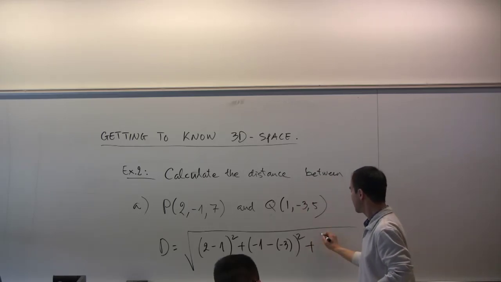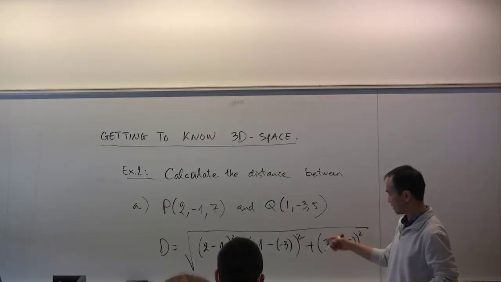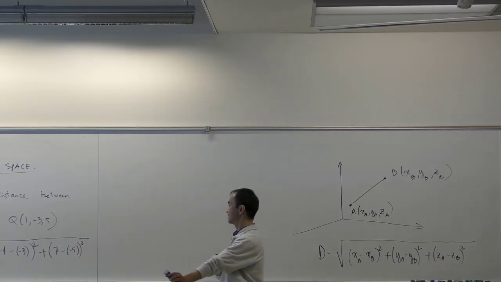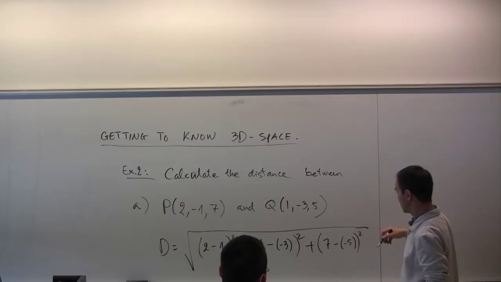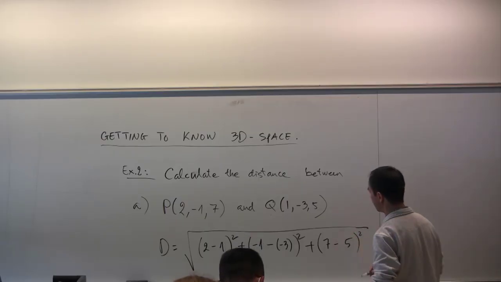And then the change in the z coordinate, so 7 minus -5, and square that. So now we can do the calculation. Oh, it should be 5, huh? You're right. Thank you for that.